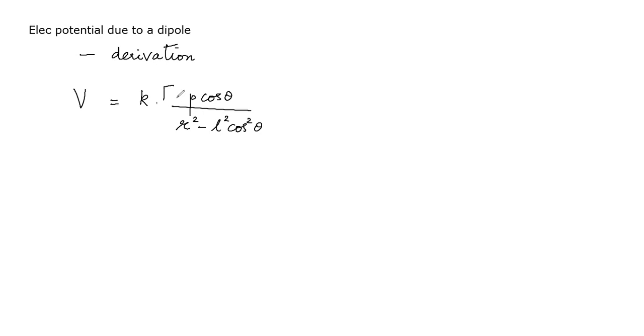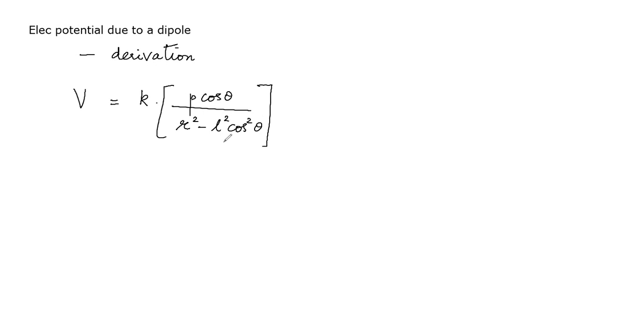That is all. Okay, then we have electrostatic potential due to a dipole. This derivation has to be learnt from the point of view of your exam. Electrostatic potential at a point due to a dipole. So we know that for a considerable length of the dipole, this becomes equal to k times p cos theta divided by r square minus L square cos square theta.